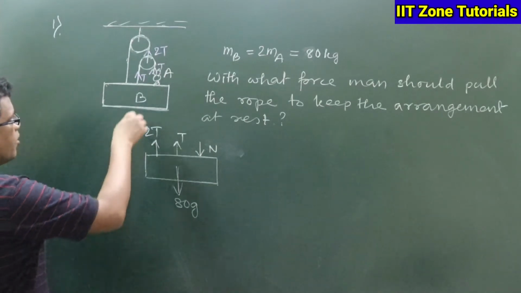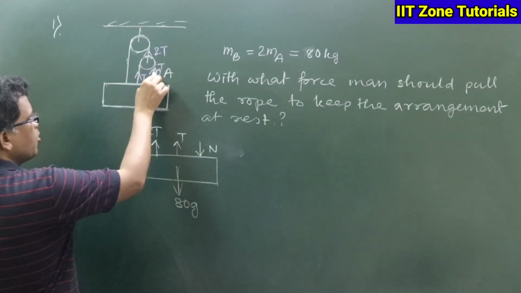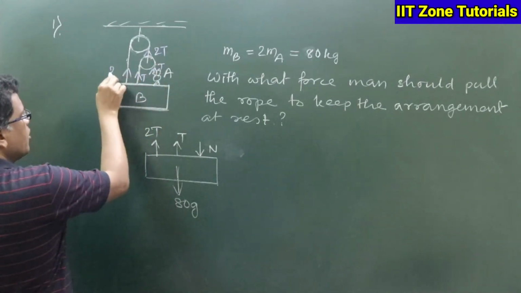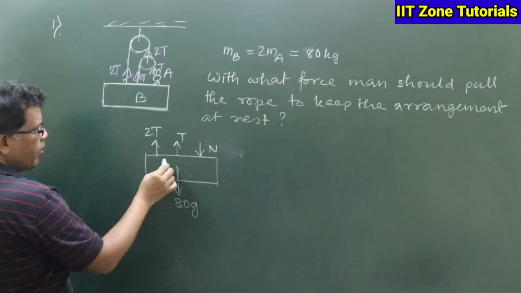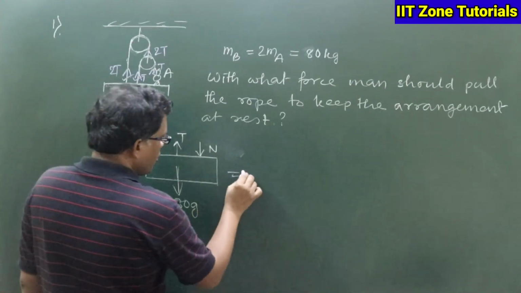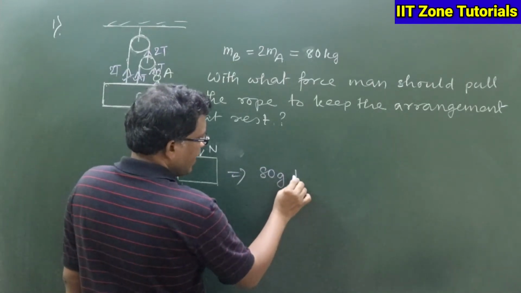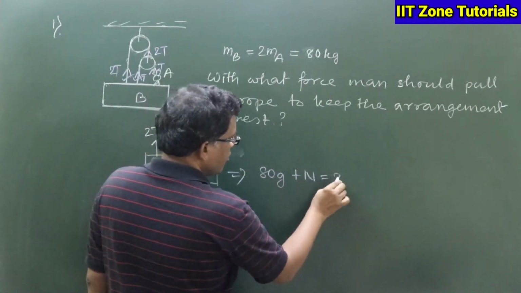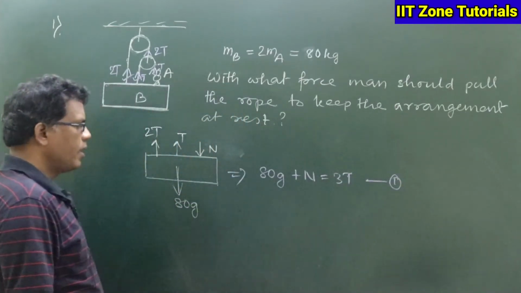Balancing forces means here on this pulley is T plus T, 2T, so on this part also 2T. These portions are attached to the block B, so that's why T plus 2T, right? So 80g plus N is equal to 3T, the balancing equation for the block B.